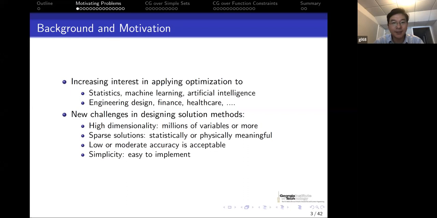Then a few years later, when I was assistant professor in Florida, we realized many of our methods, including the stochastic approximation algorithms that we developed when I was a student with Arkady Nemirovsky, Juditsky and Alex Shapiro, were used in machine learning. And then we realized there is a huge demand in the machine learning area for optimization algorithms. And then you see the field is evolving very quickly.